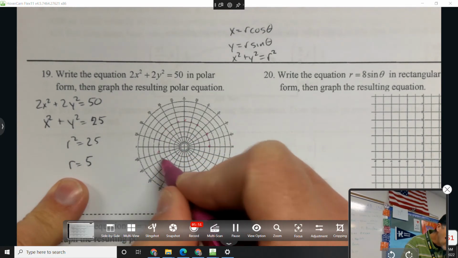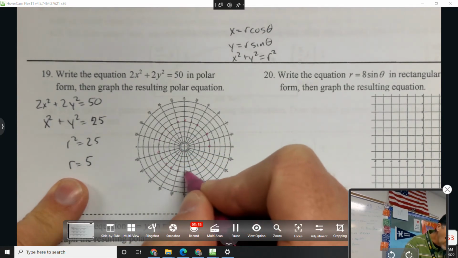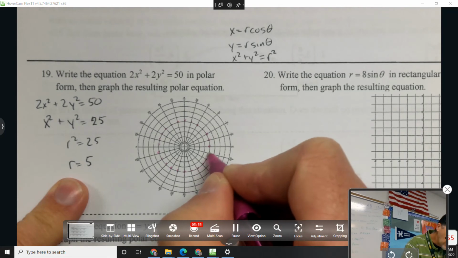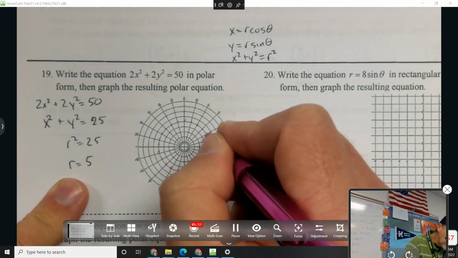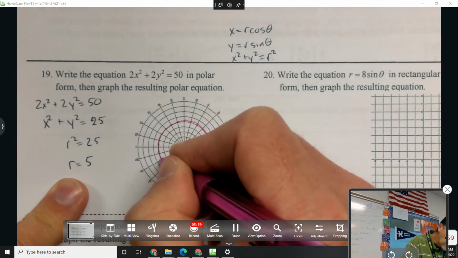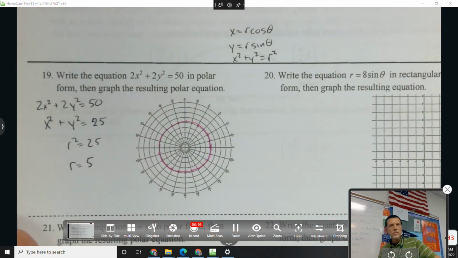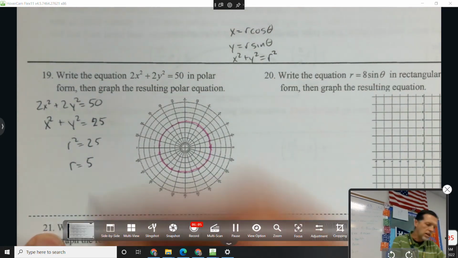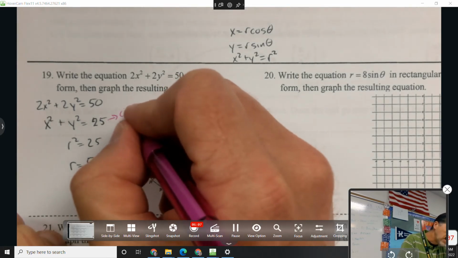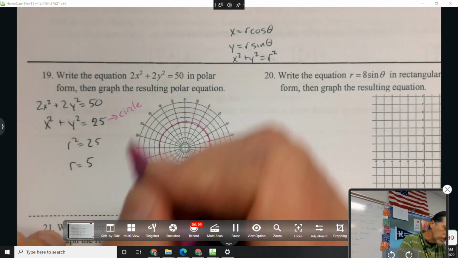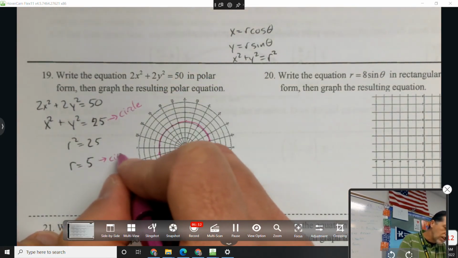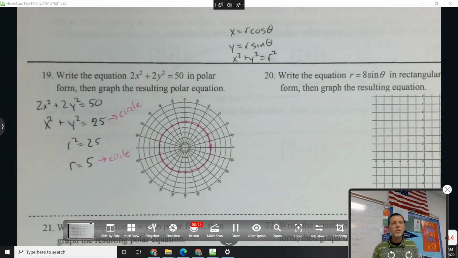And it makes, I hope, what you think it would make. If r equals 5, that sounds like the description of a circle with radius 5. It's also a circle from rectangular coordinates. So either way, it's a circle.